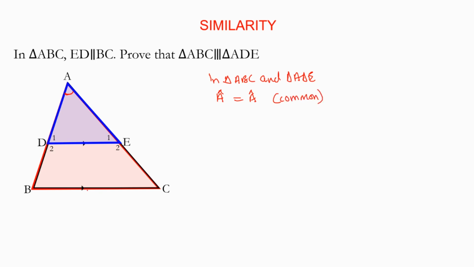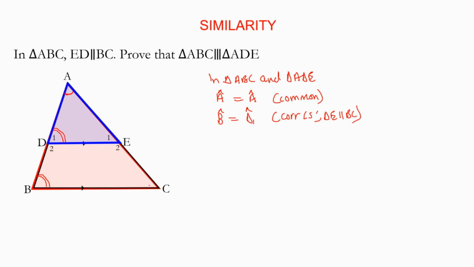And then we come to angle B and angle D1. What can you say about these two? Angle B is equal to angle D1 because they are corresponding angles. DE is parallel to BC. Done.